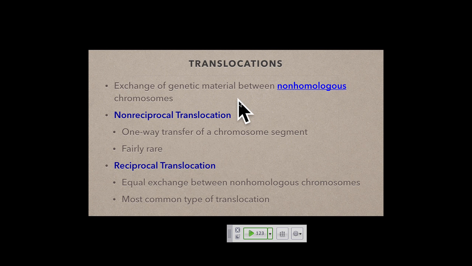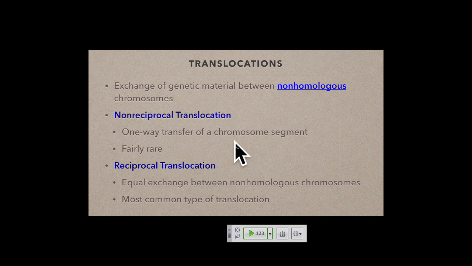Everything we've talked about so far has been rearrangements of DNA sequences on the same chromosome. Translocations are actually taking DNA from one chromosome and exchanging it with a non-homologous chromosome. I'll show you an example with chromosome 21 and chromosome 14 and such. So we're talking about exchanges between non-homologous chromosomes.